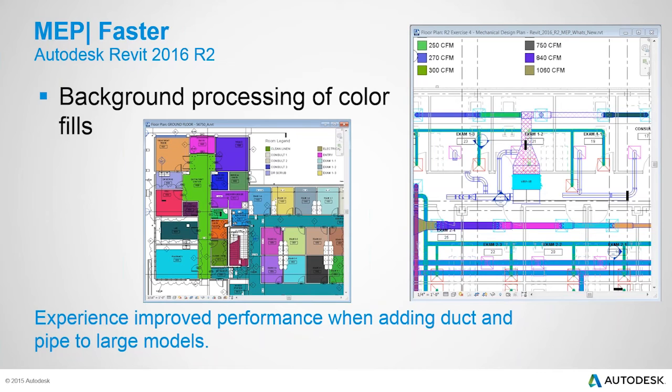Again, on the technical side, it's making good use of multiple CPUs that we have in our workstations these days, and it's speeding operations up for the CAD duct side of things by about 15%. So hopefully, if you're into the MEP side of things, this is going to make things a bit faster for you.